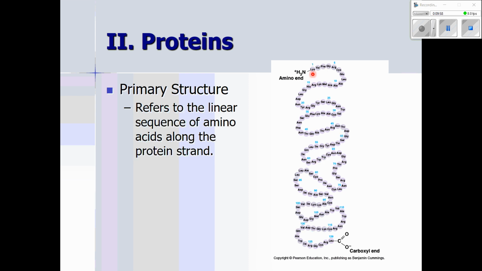Well, of course, each pearl is an amino acid. So you see this LYS? I don't know if you can read that. That stands for lysine. That's the name of an amino acid. And it is bonded to valine, which is bonded to phenylalanine, which is bonded to glycine, arginine, cysteine, and so forth. You don't need to know the names of all those amino acids.